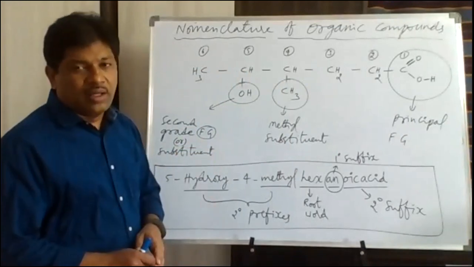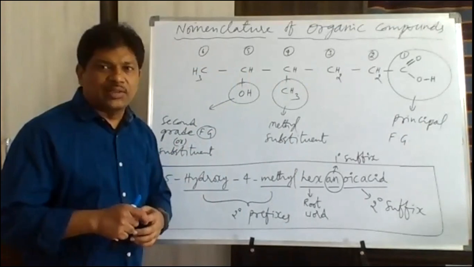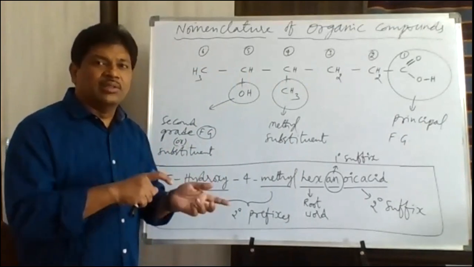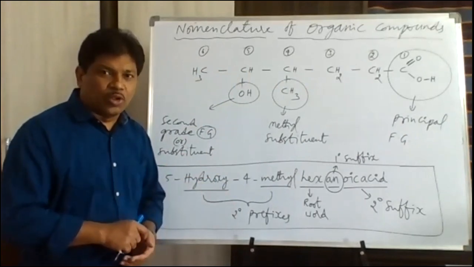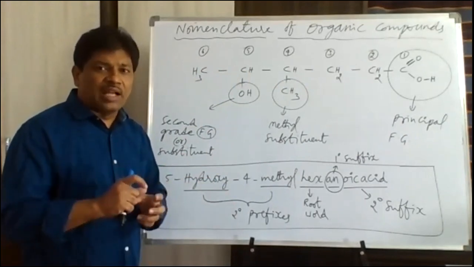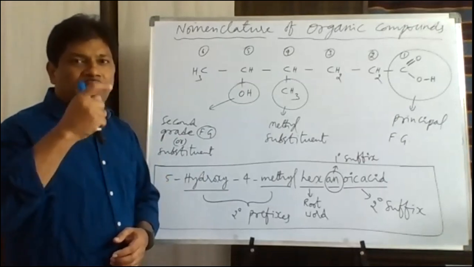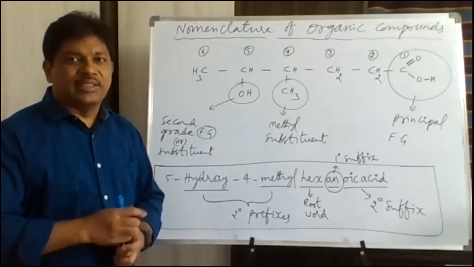This point keep in mind. Different functional groups will act sometimes as principal functional groups and sometimes as second grade functional groups. A functional group will act as principal if it is more senior, more priority than the others. The priority or seniority order you will understand from the seniority table.